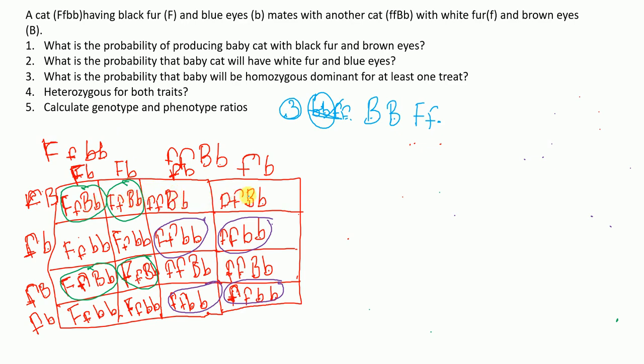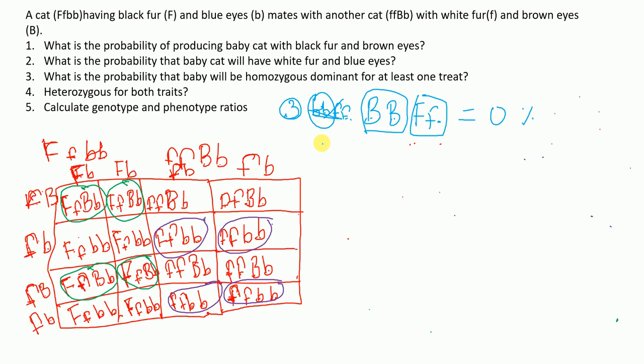Actually nowhere, because to be dominant I should have capital F and capital B together. But in none of the cases is that there. So this probability is actually 0%.